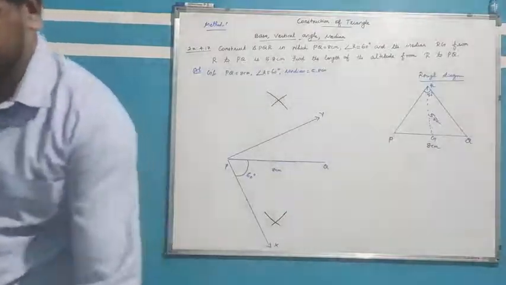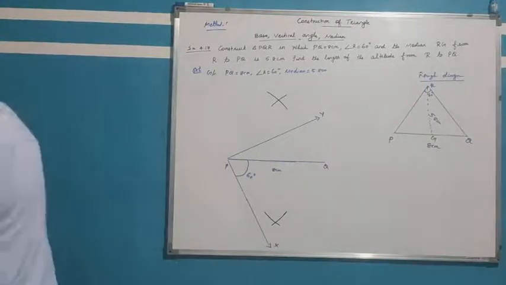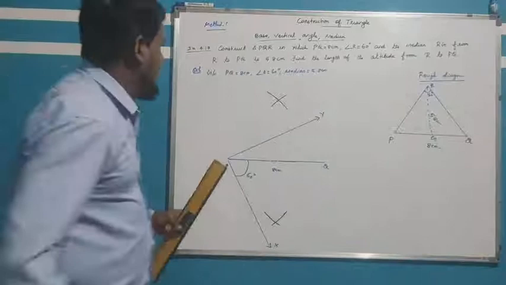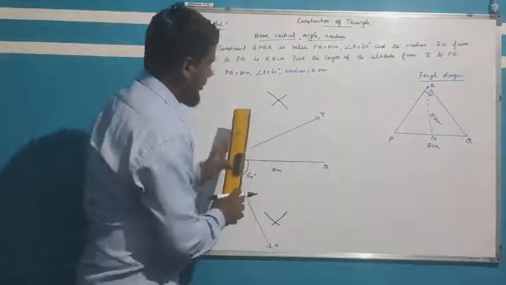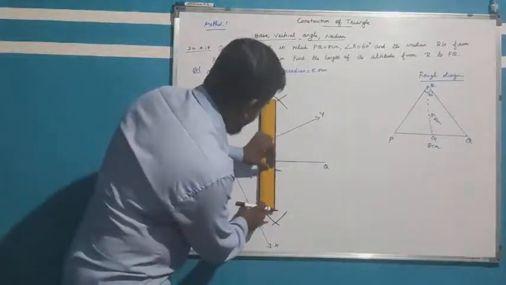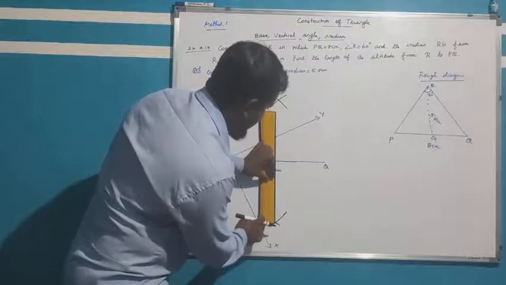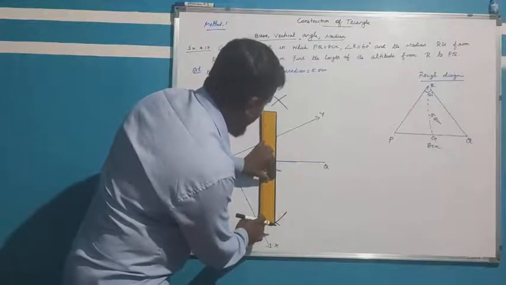Then take the ruler and draw the line correctly through the intersecting points.